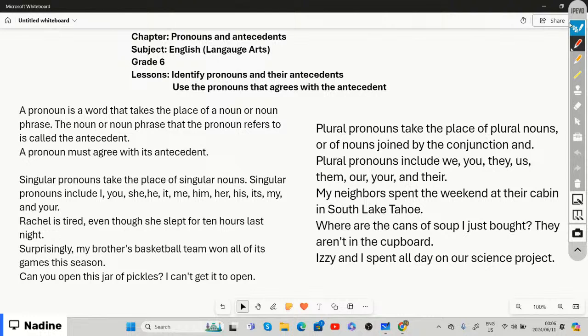We have singular pronouns and we have plural pronouns.